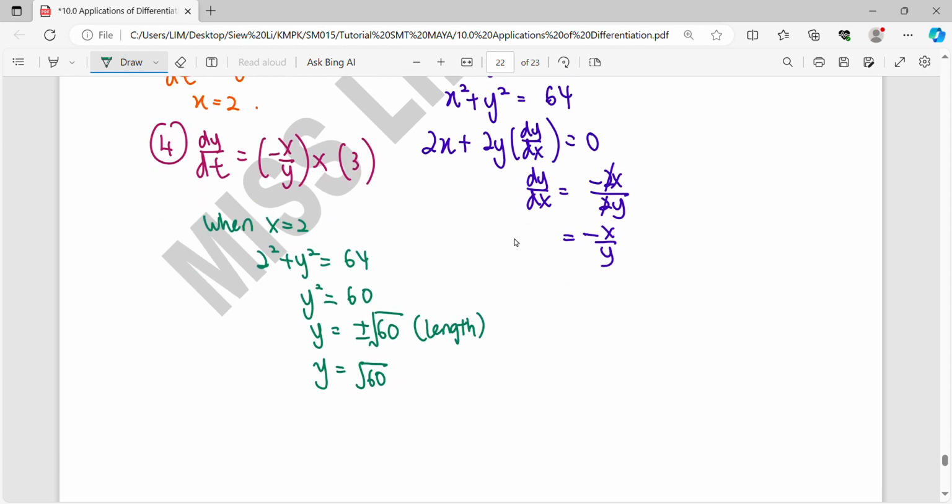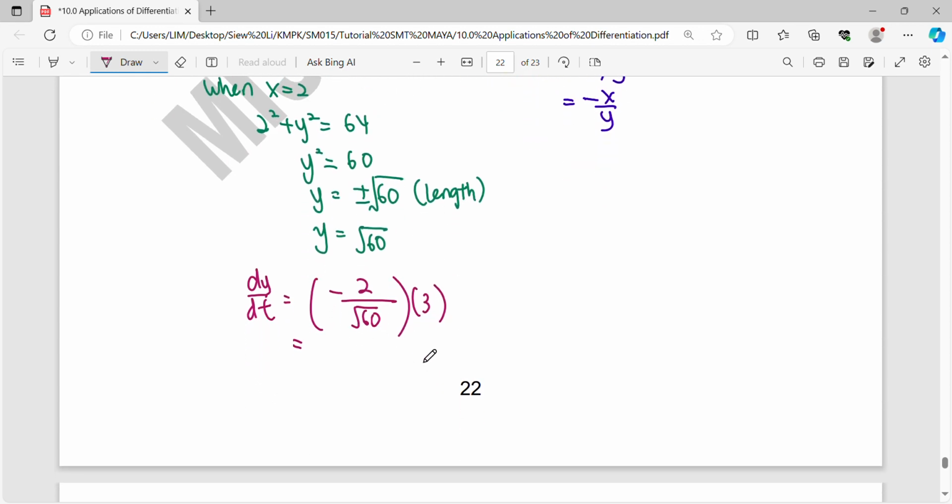Lastly, substitute back into our chain rule. dy/dt equals negative x, which is 2, over y, which is square root of 60, times 3. So use our calculator to simplify this. Here we have negative 0.775 meters per second.